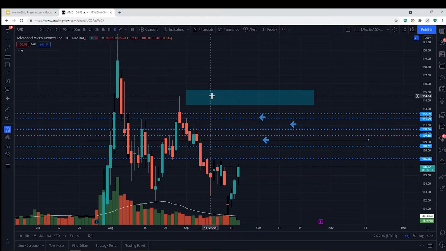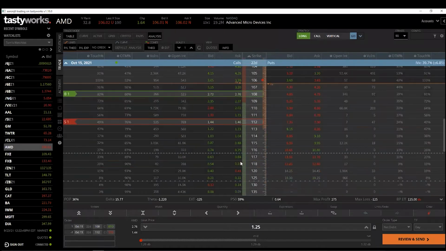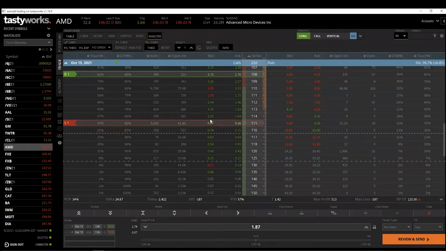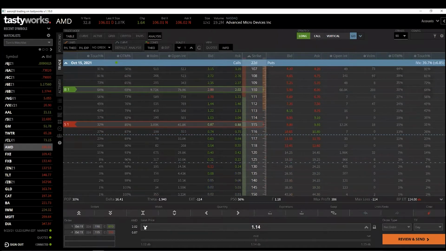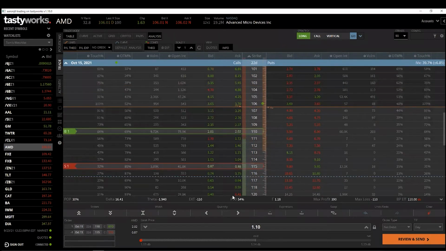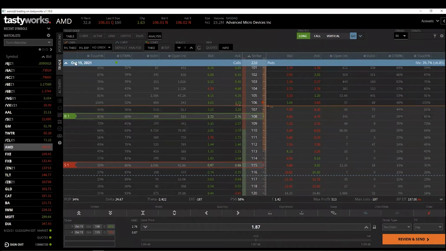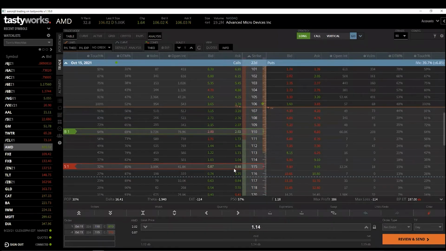Just because something looks super cheap with great risk to reward doesn't mean you should automatically open it. Especially if you're playing closer expiration, like only a month out, don't play super far out of the money like this.